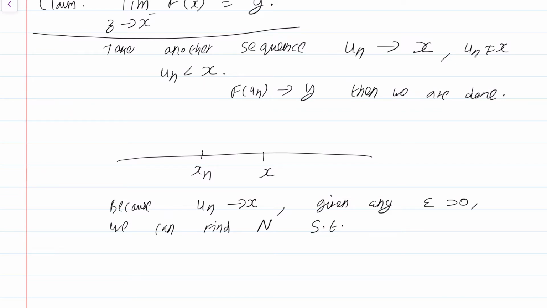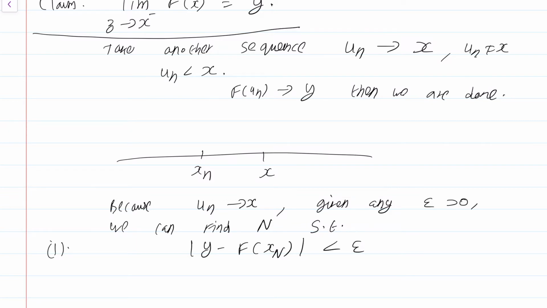First of all, the modulus of y minus f of x capital N is less than epsilon. Well, we can certainly do this simply because f of xn converges to y.